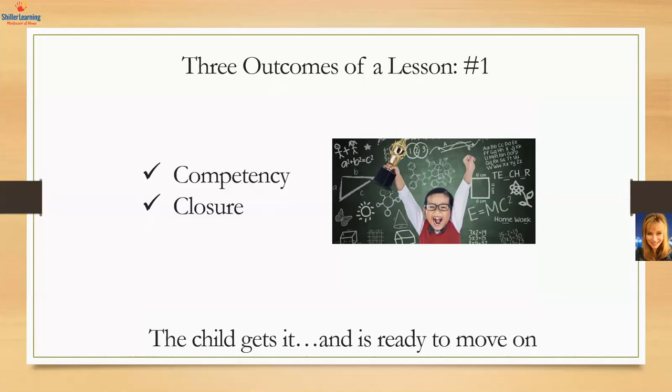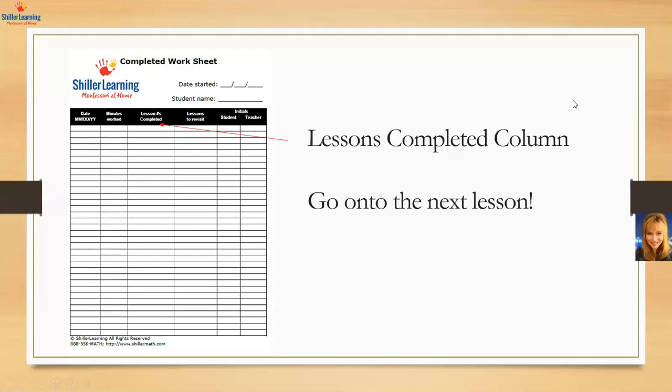Be respectful of the child. It's best to move on. That concept will continue to be built on in subsequent lessons using a different learning style. So great, good job. Let's note that in the column for lessons completed and move on to the next lesson.